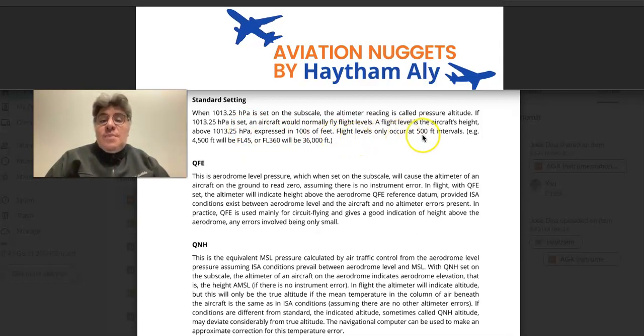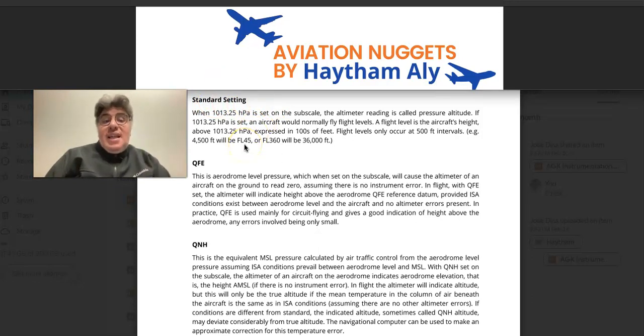Flight levels only occur at 500 feet intervals. For example, flight level 45 is 4,500 feet, or flight level 360 is 36,000 feet of pressure altitude. Okay, this is the standard setting, and the altimeter in that case will show us flight level or pressure altitude.